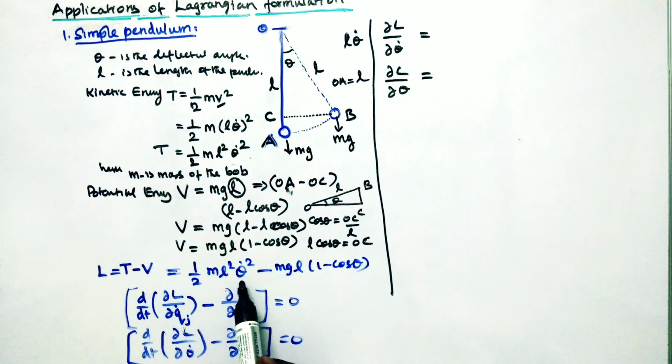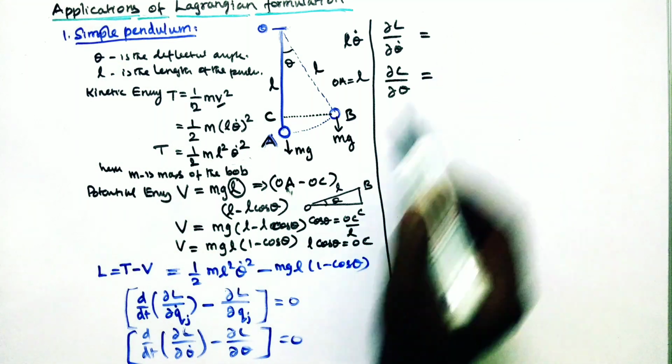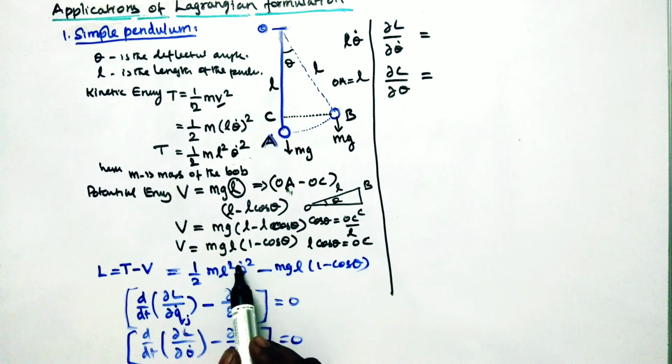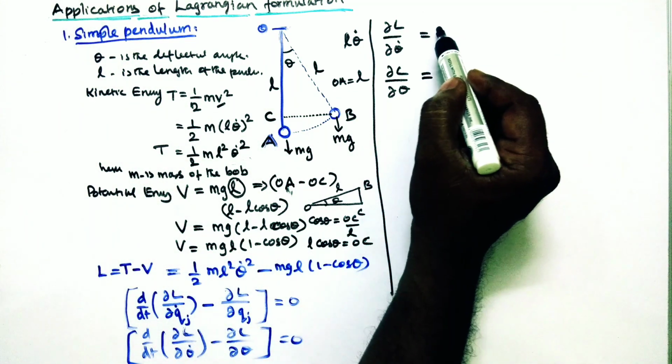Here theta dot is existing in the first term only, so this term is 0. Then the differentiation of theta dot square takes the form 2 theta dot. Therefore the 2 is cancelled, and we get m L square theta dot only.